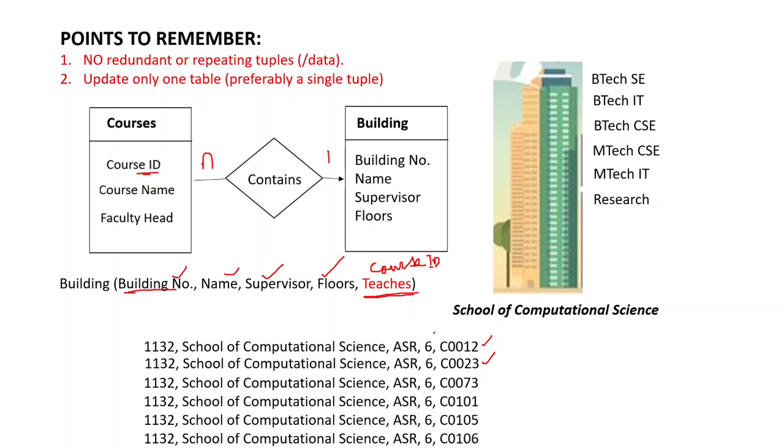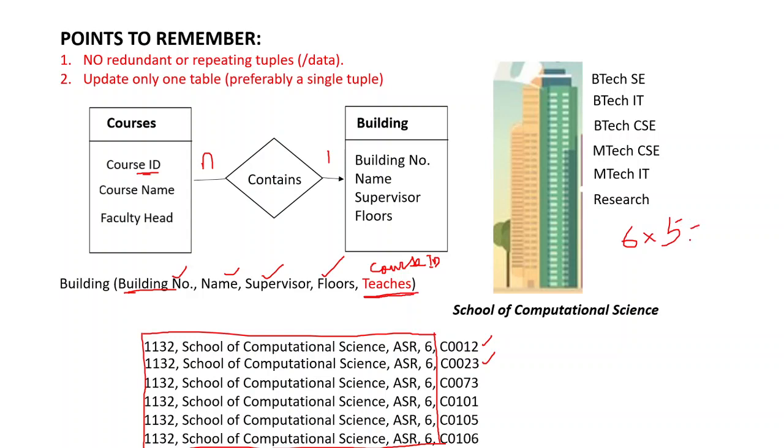Now if we look into this part, this is a common part. We can see that this information is getting repeated over and over again. Say you have 6 buildings in total, and on average every building houses 5 courses.